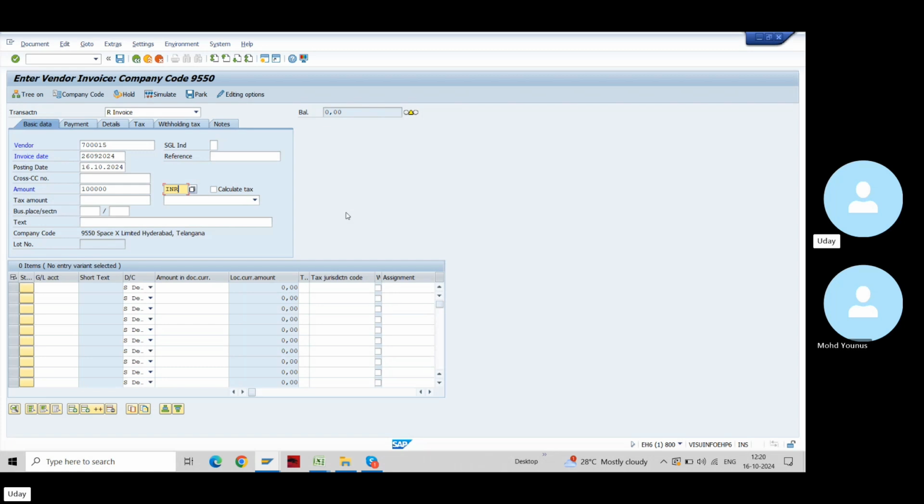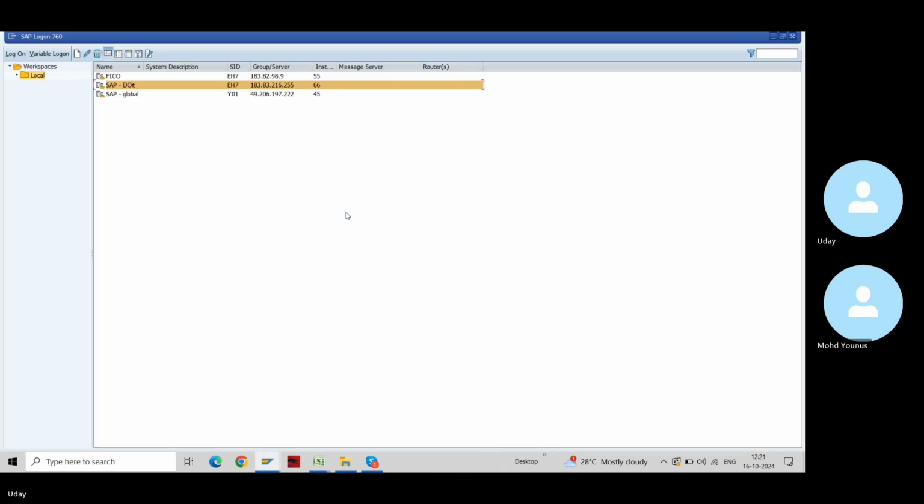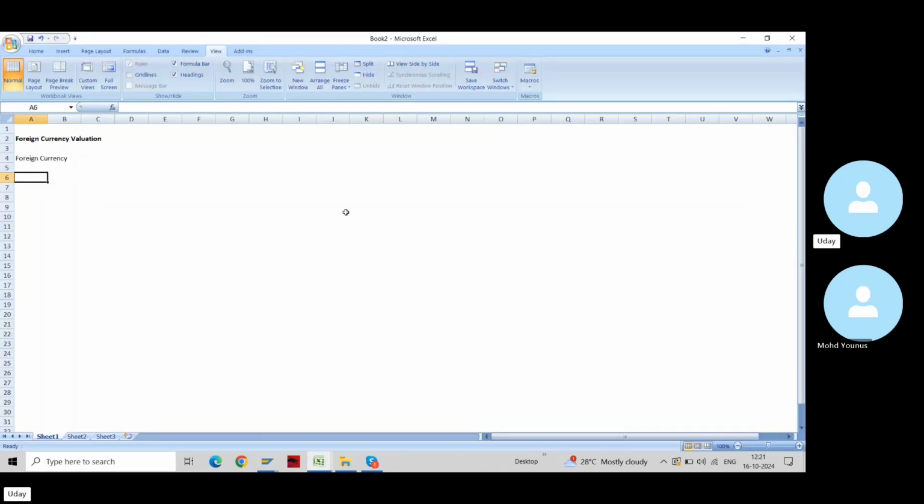Let's say for example I need a hardware item, like any machinery which is not available in India. I have to purchase it from some foreign country, maybe America.